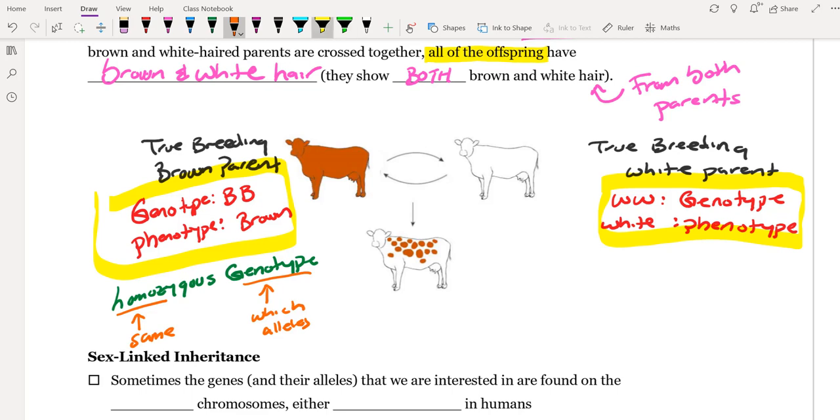Now their offspring, the F1 generation, would be, let's switch colors here. It could be BW, capital B, capital W, right? And this would be a heterozygous genotype.